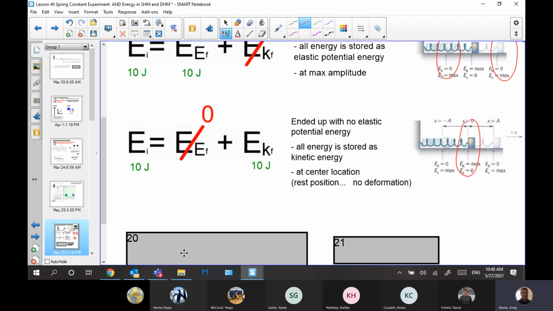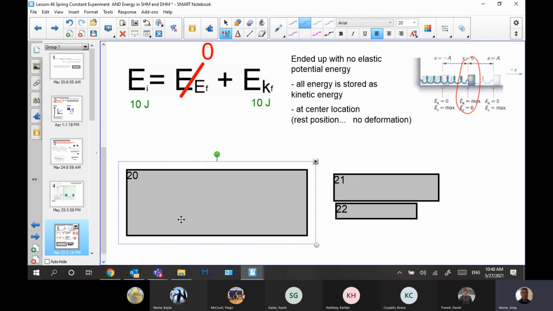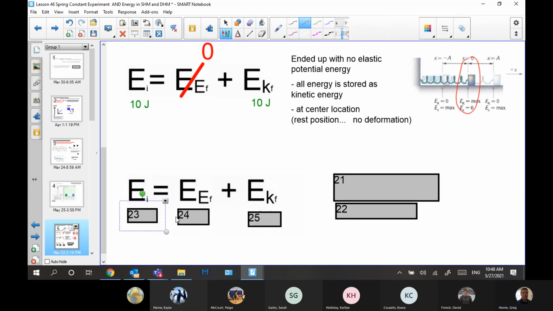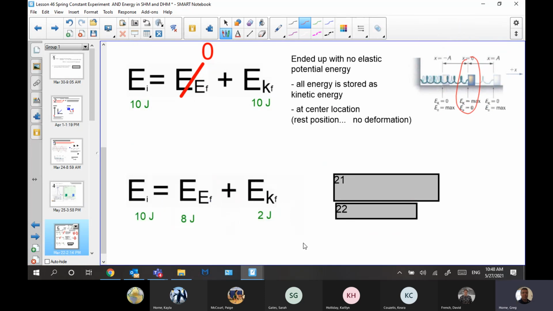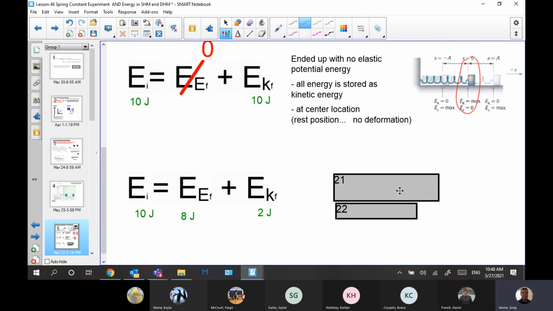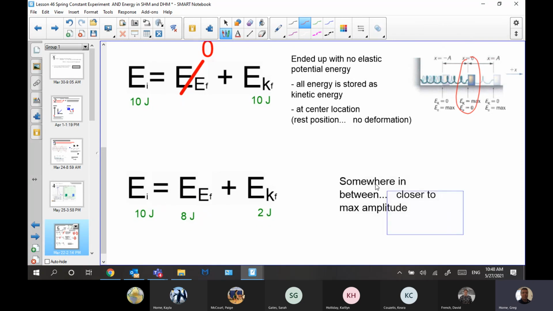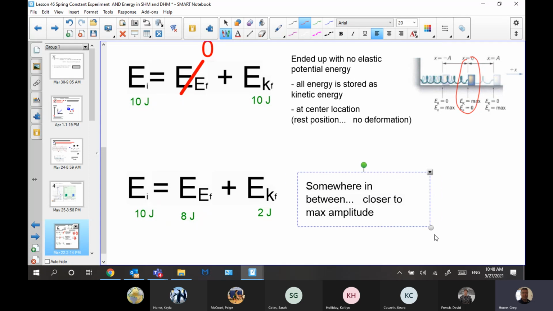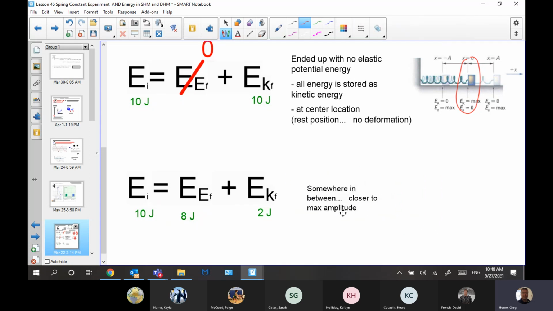All right, so what do I have at the bottom here? Oh yeah, you could have somewhere in between, right? Somewhere in between, you could have an 8 and a 2, for example. You know, it looks like probably closer to the maximum amplitude location, right?